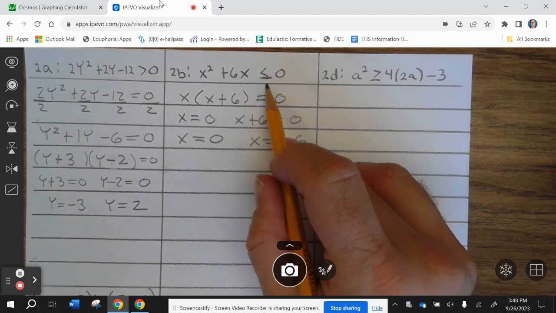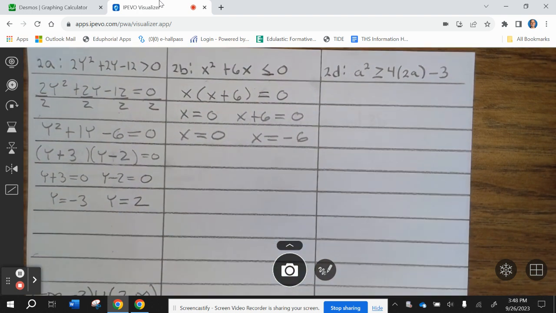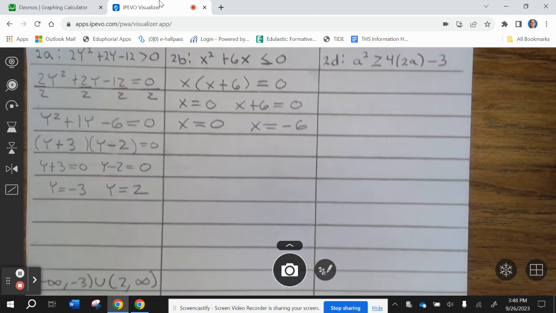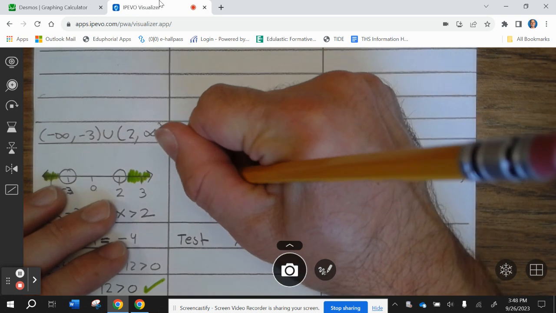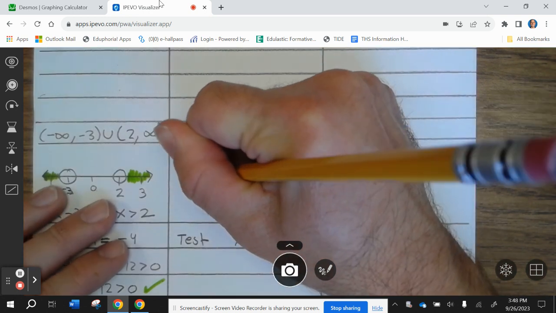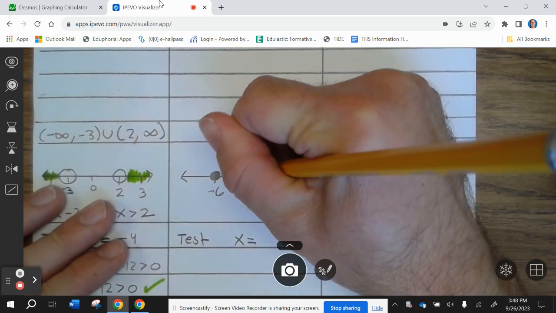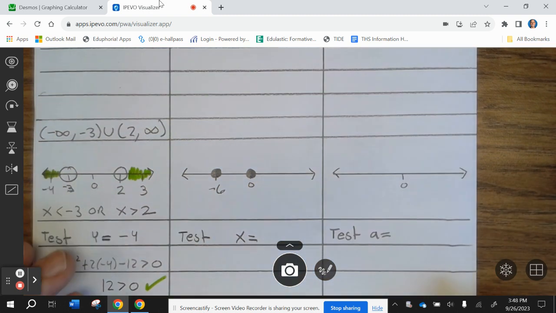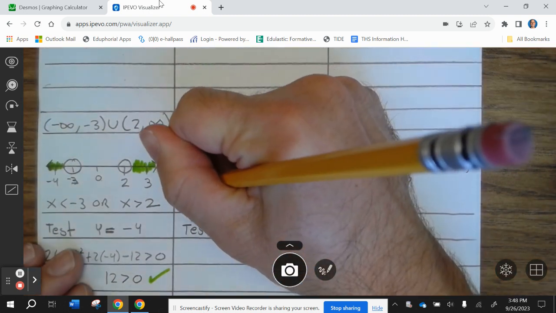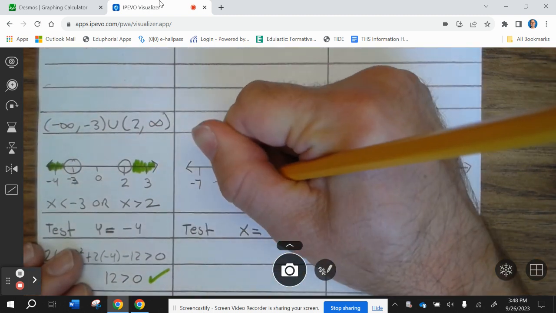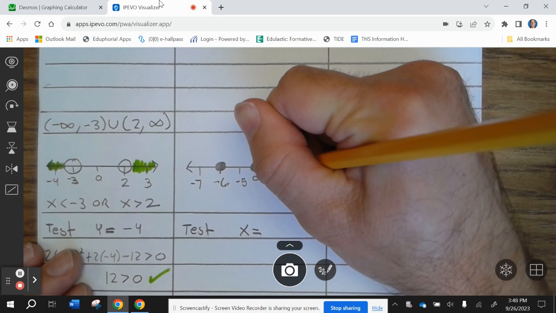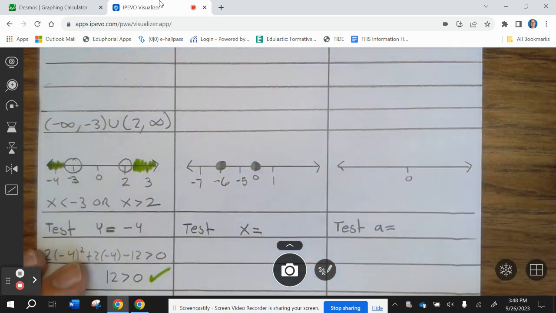Now, there's a line underneath, so it's going to be a solid circle, okay? So I come over here, we have negative 6, closed circle, 0 closed circle, and we need test values. So I'm going to test negative 7. Let's just do negative 5, and then 1, okay?